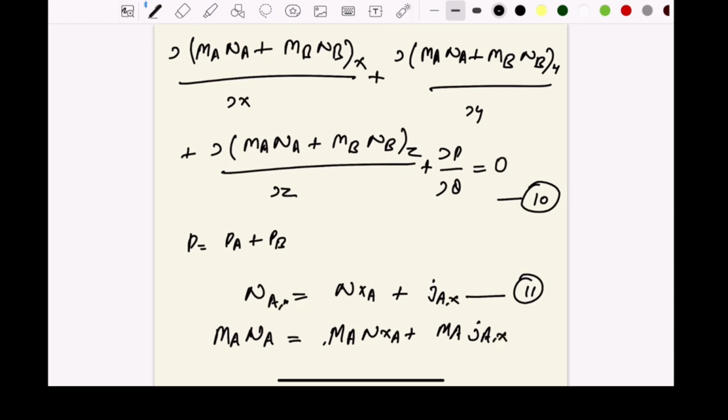And we can write this MA NA,bulk as Ux into ρA plus MA JA. Give this as equation number 12.